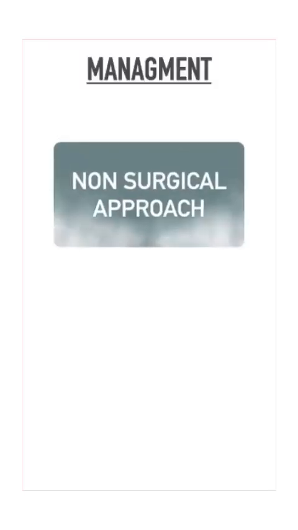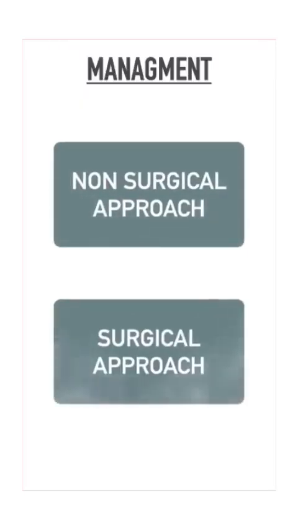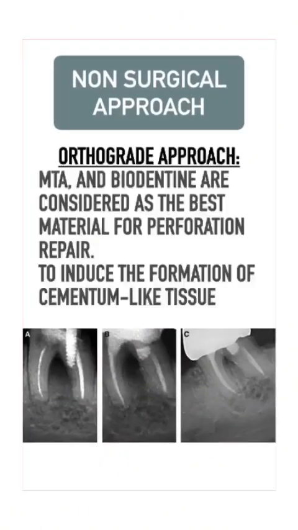We could manage the perforation either by a non-surgical or surgical approach. For the non-surgical approach, we could simply use MTA and Biodentine as they are considered the best material for perforation repair.